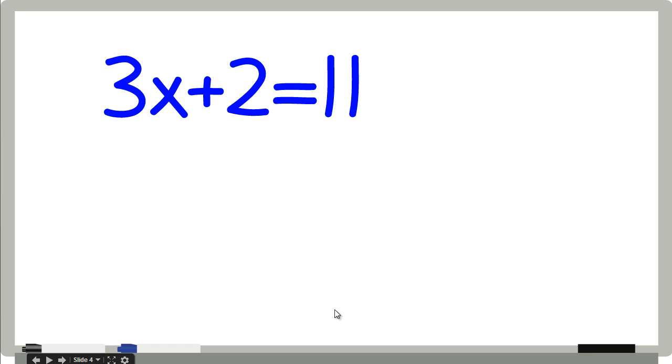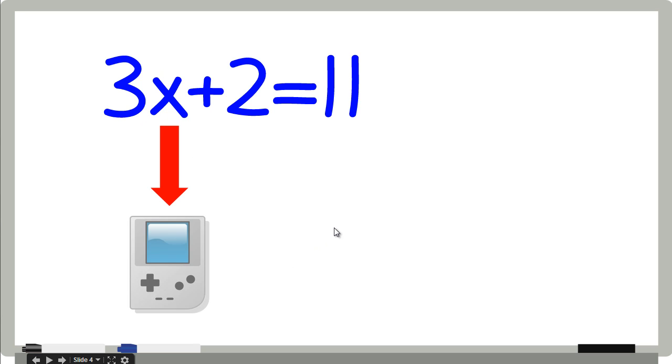Well, we're going to use an analogy of unwrapping a present for solving an equation. Let me explain what I mean by that. In my analogy, we're going to say that the x, the thing we're trying to find, is the present. In this case, we've got a video game console here, a handheld video game device, and the x is going to be the present that we're trying to get to. Well, you don't just give somebody a present. Instead, you wrap it up.